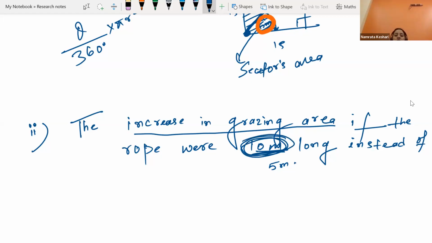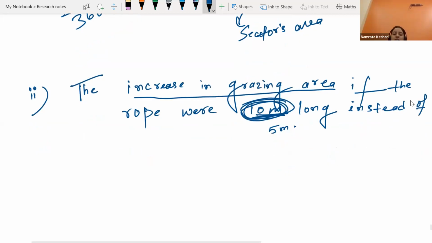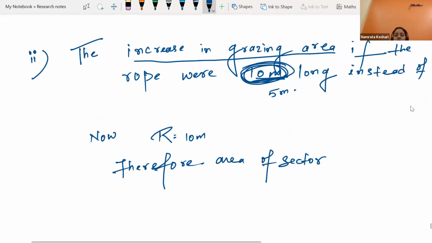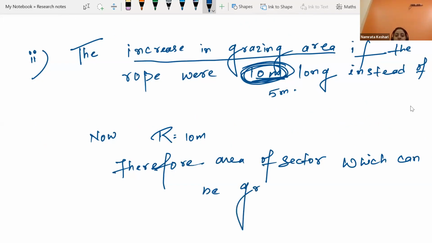So we have to change the radius. Now the radius is 10 meters. Therefore, the area of the sector which the horse can graze will again be theta by 360 pi r square, or directly pi r square by 4.